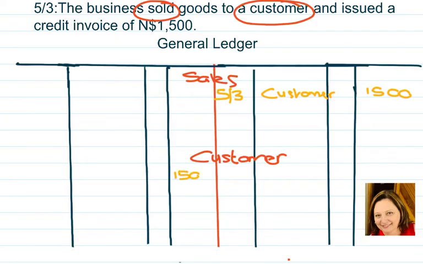It will increase on the debit side because today I have a customer that I did not have yesterday, so my customers are increasing. Contra account sales, and I have my date. Let's look at my contra accounts. I refer to a customer there, and I referred to sales over there.